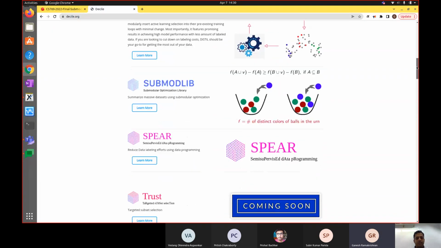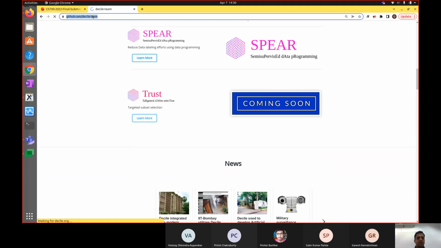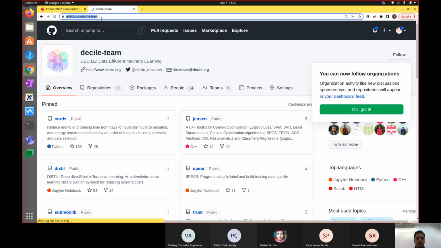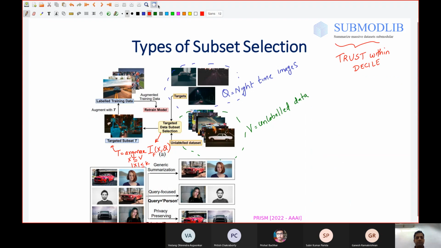We have CORDS, we have DISTIL, but there's something called TRUST. Many of these functionalities are in Submodlib, so I'll focus more on Submodlib.